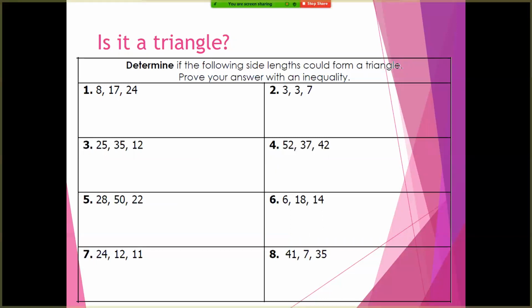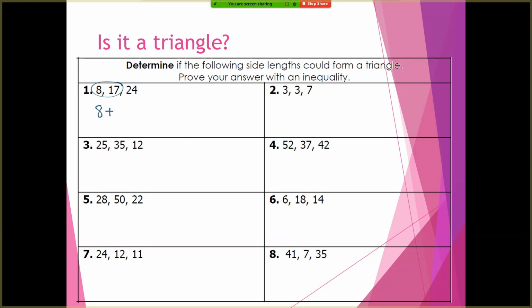So determine if the following side lengths could form a triangle. So we're going to write ourselves an inequality to prove that. So remember, any two sides must be greater than the third. So I'm going to just pick these two sides.